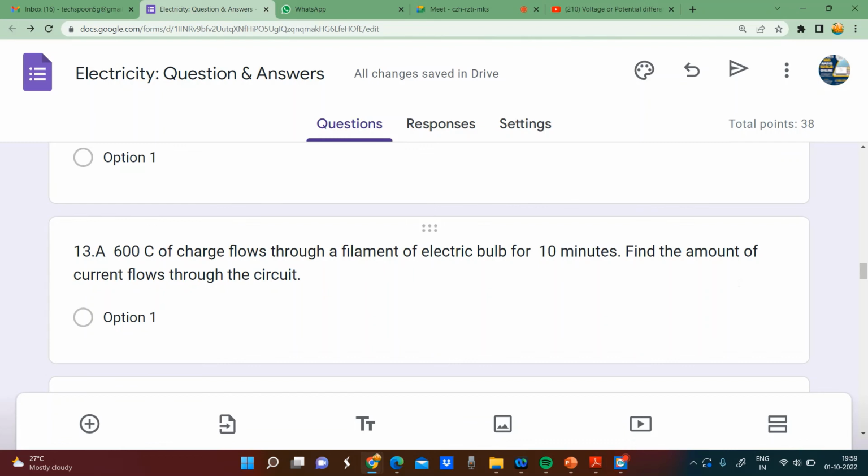Find the amount of current flowing through the circuit.